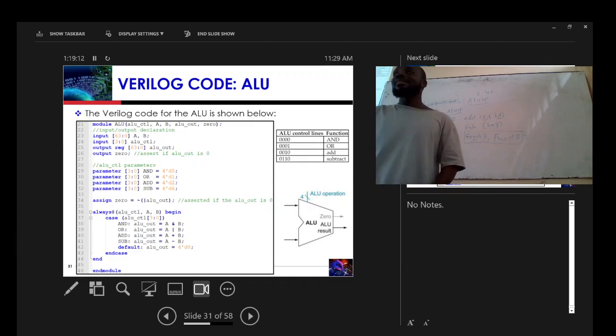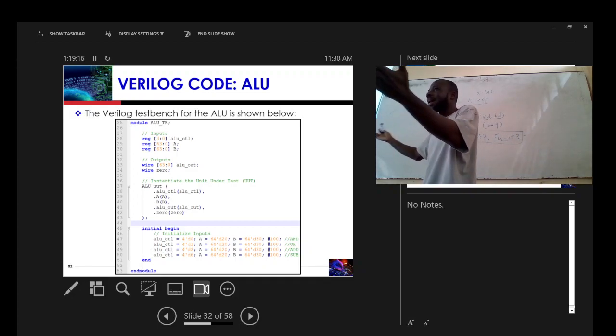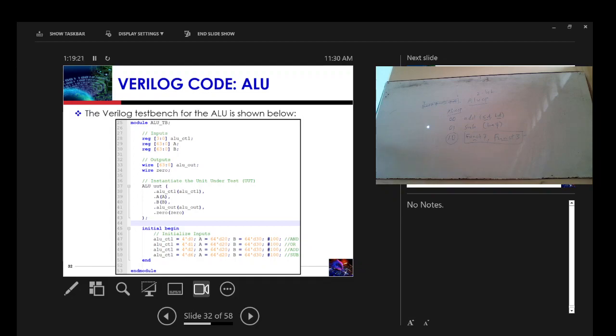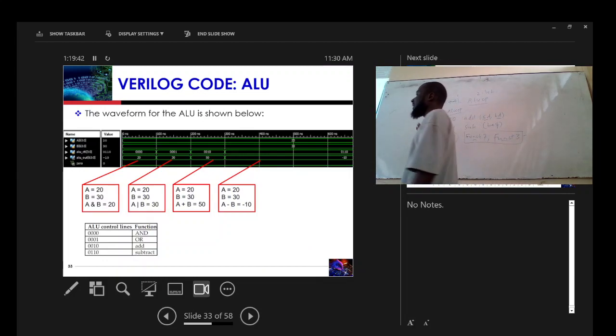Do you understand? I've done that, and I wrote a very simple test bench for you guys also. The first one tests if A is 20 and B is 30. What will be the output of the ALU based on the ALU control 0000? You can write your own test bench.